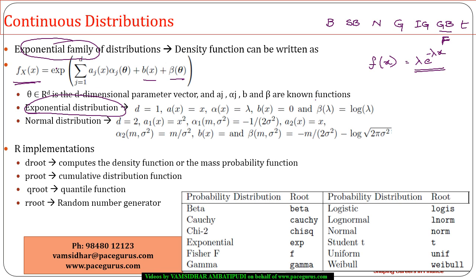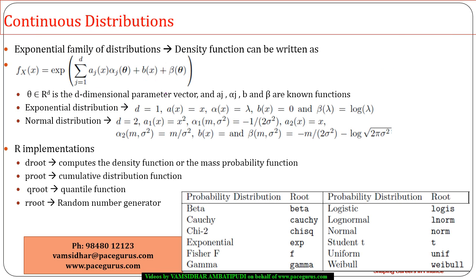Now, within this, see if you set d equal to 1. So, it is like e to the power of 1 to 1. A of x, instead of this whole thing, we are calling it as x. And alpha of x, we are taking it as a constant lambda. So, it is becoming x lambda plus b of x is being taken as 0.